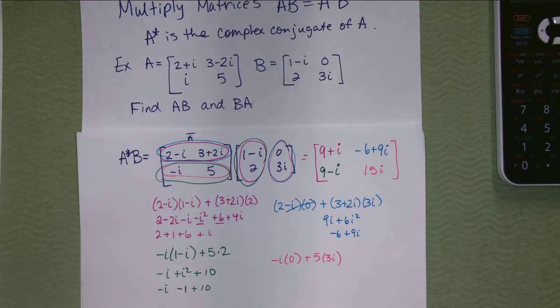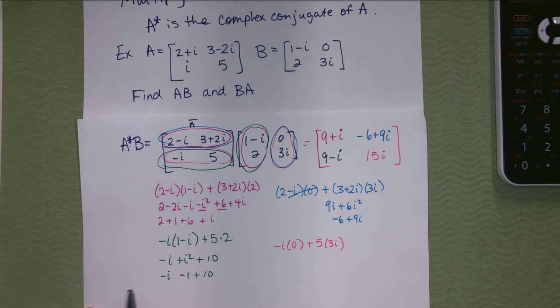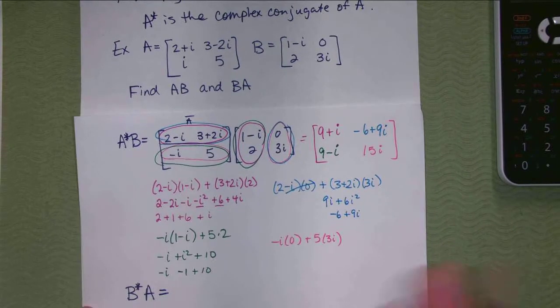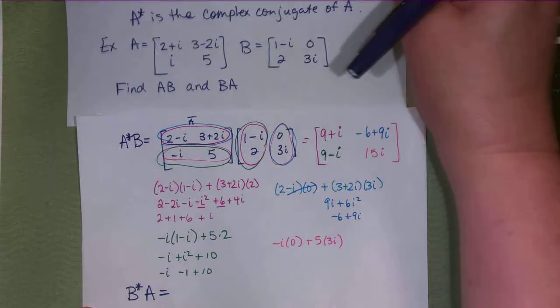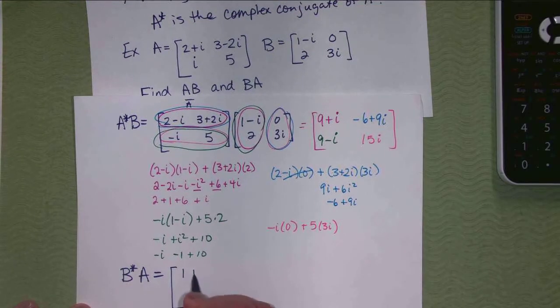Okay. Now, you would do the same thing if we wanted to find B times A, but you conjugate B instead. So whatever one is first is the one you switch. Okay. So this would be 1 plus i, 0, 2, minus 3i.